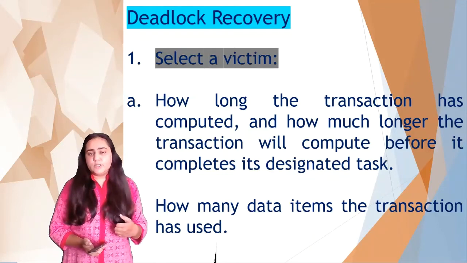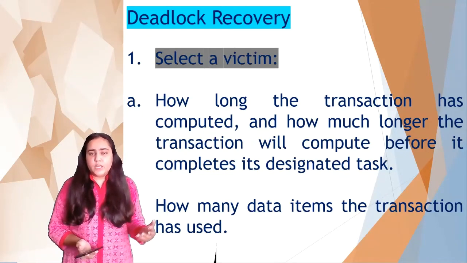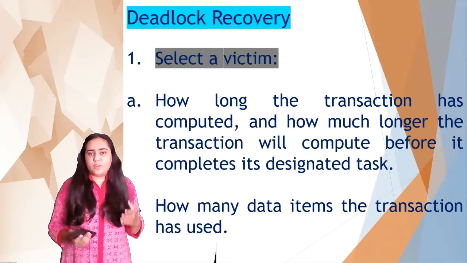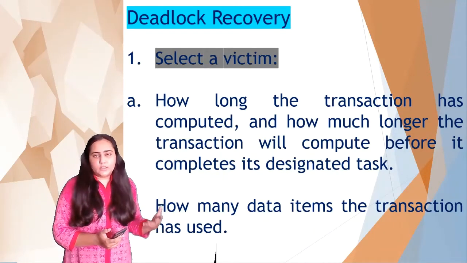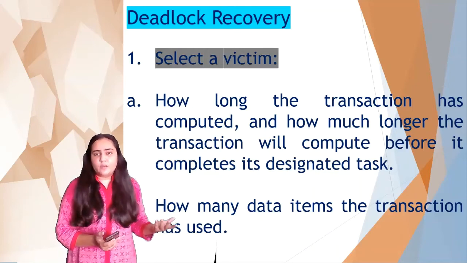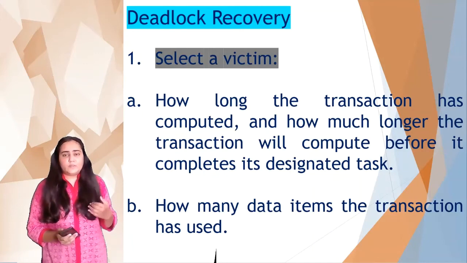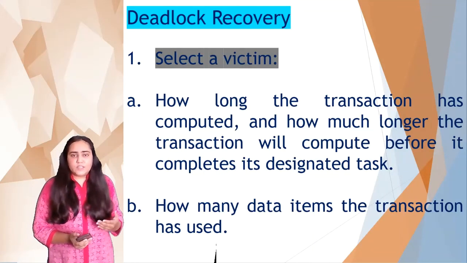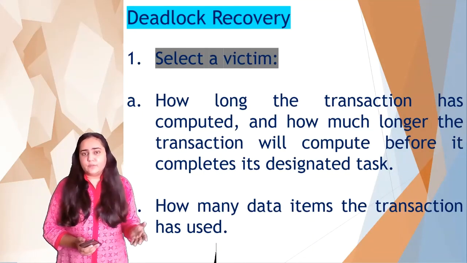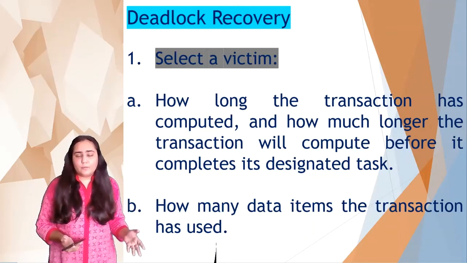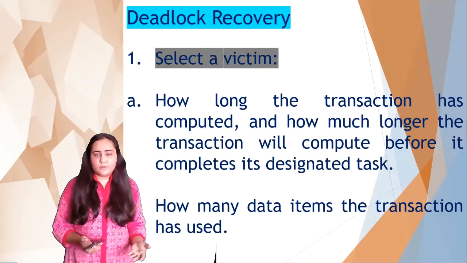So if a transaction is holding a lot of data items, then the advantage is that if you roll back such a transaction, many other transactions who are waiting for this transaction's data items will get those data items and will be able to finish. But then at the same time, if this transaction starts again, it's possible that it will never be able to get the same data items back because they are held by someone else.